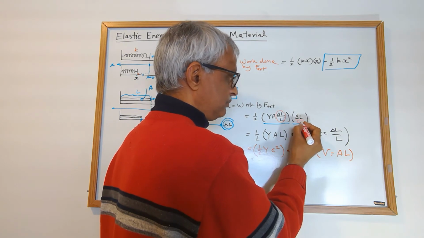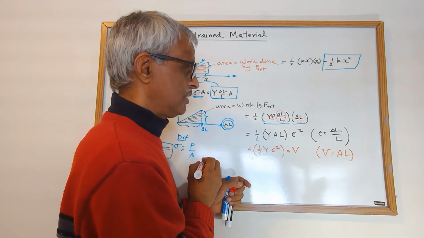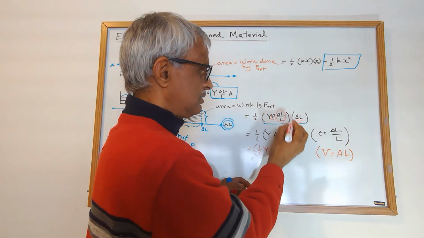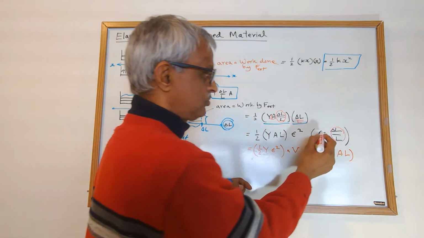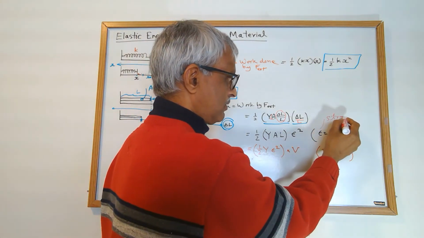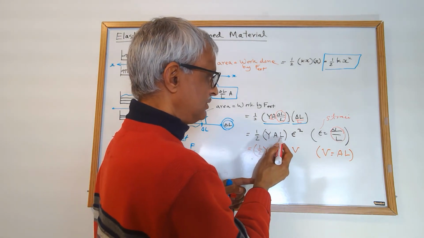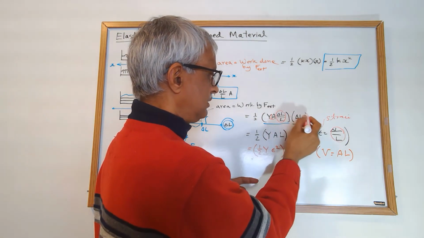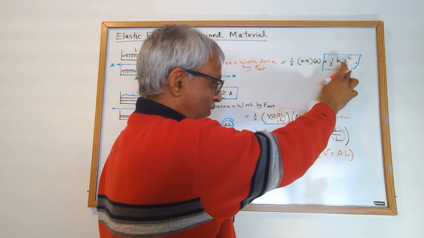So I can divide by L and then multiply by L over here. And I can write delta L over L as the symbol of strain. This is strain. Then I get Y times A L, and I can combine these two together, and this is epsilon squared, just like x squared.